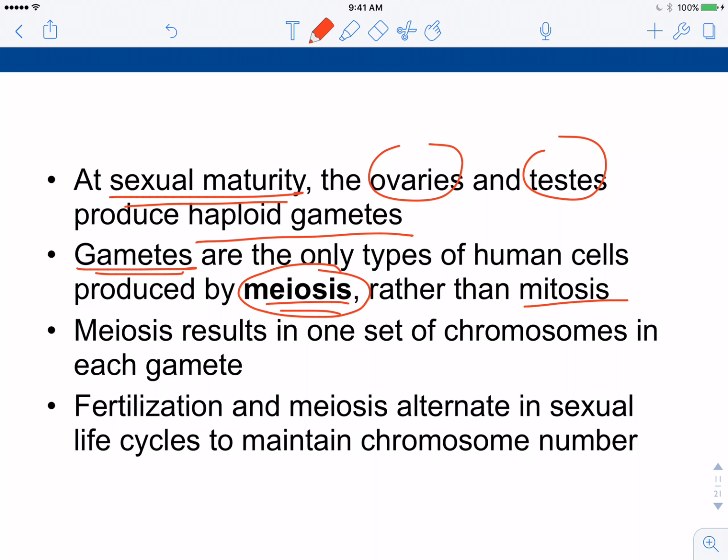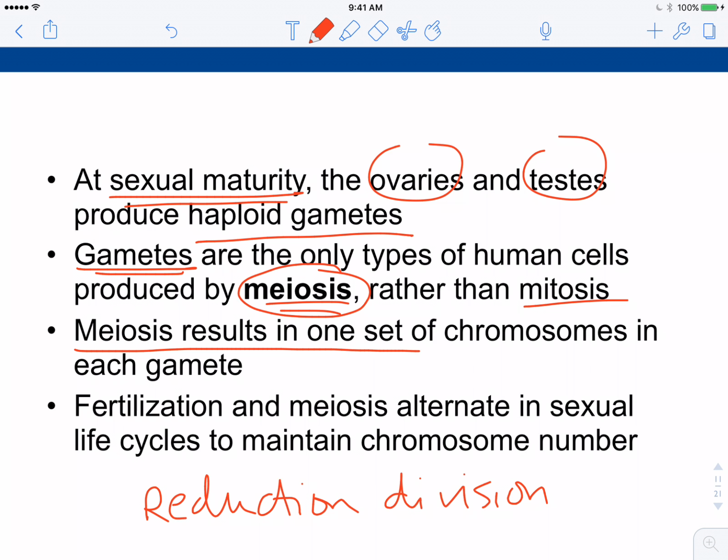So meiosis is specific to the production of gametes. Meiosis is a reduction division, in that it reduces the number of sets of chromosomes in a cell. So meiosis results in one set of chromosomes in each gamete, reducing from 2 sets to 1 set.